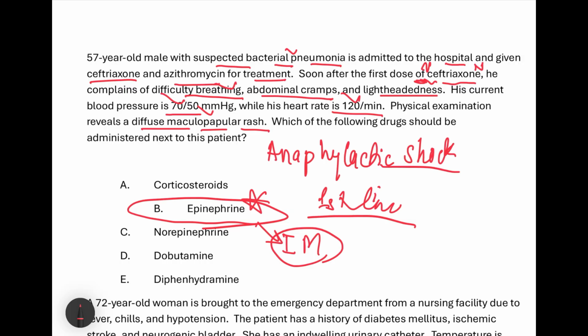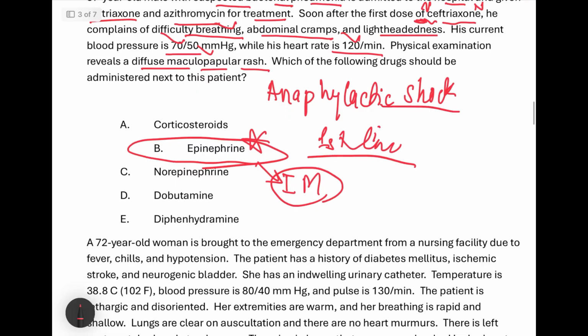Stimulation of alpha-1 receptors counteracts the vasodilation of cutaneous vasculature and increases the blood pressure, and epinephrine-mediated increase in cardiac contractility by the beta-1 effect and cardiac output also increase the blood pressure and improve the peripheral perfusion. Epinephrine-induced stimulation of beta-2 receptors results in bronchodilation, making it a popular choice for treatment of severe asthmatic reactions. Understand?